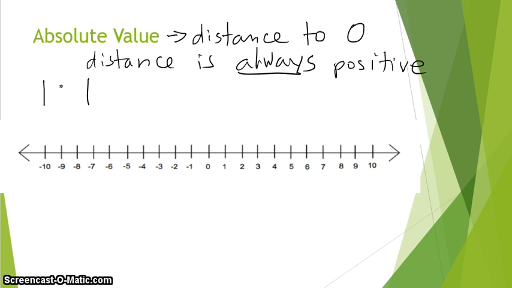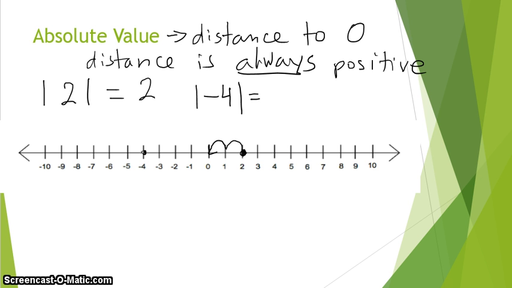So let's see if I ask you to find, now these are the absolute value symbols, they're just like sticks. If I ask you to find absolute value of 2, there it is. Well, let's see how far away it is from 0. Let's go 1, 2. So it's 2 away from 0, so absolute value of 2 is 2. Now, if I ask you to find absolute value of negative 4, well, there's my negative 4.